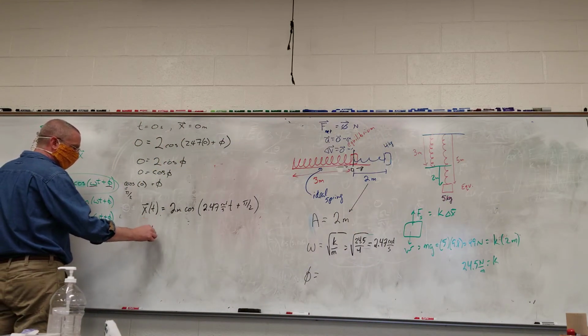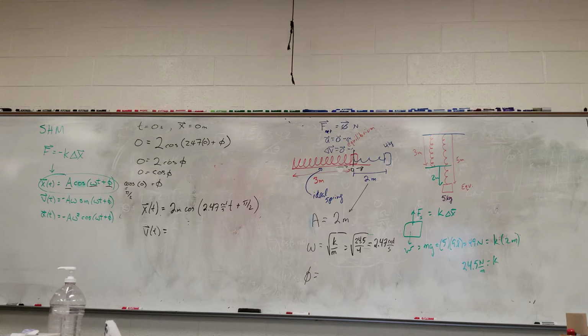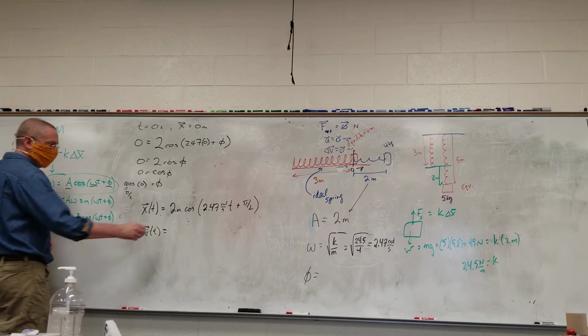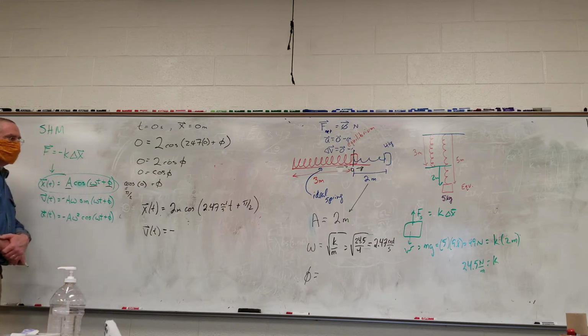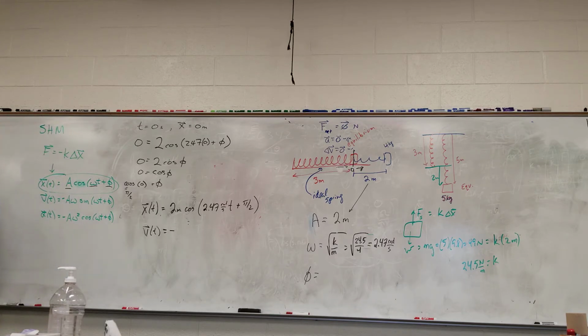So how about velocity versus time? What is my velocity equation? Negative amplitude, so negative 2 times omega. Oh wait, negative 2 sine. So you're ignoring the omega this time? Oh wait, negative 2 meters times 2.47 radians per second.